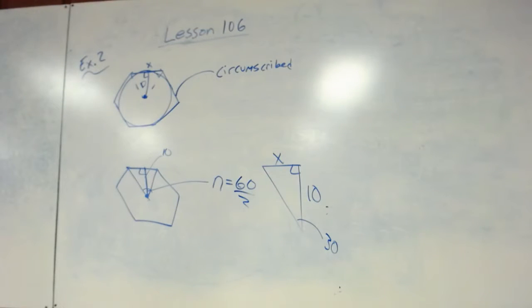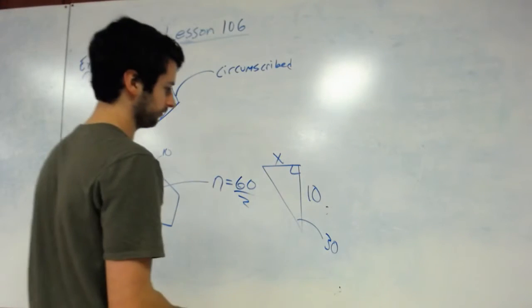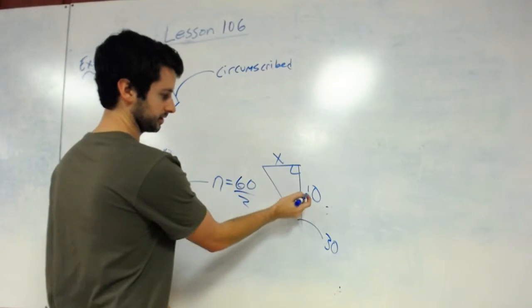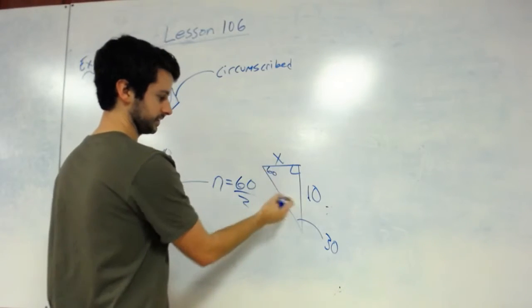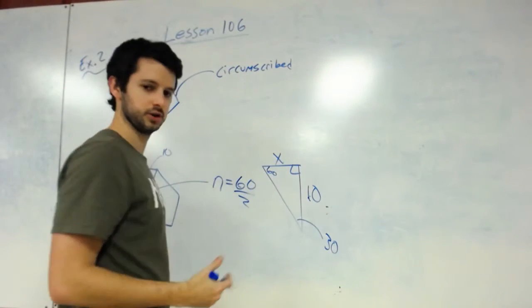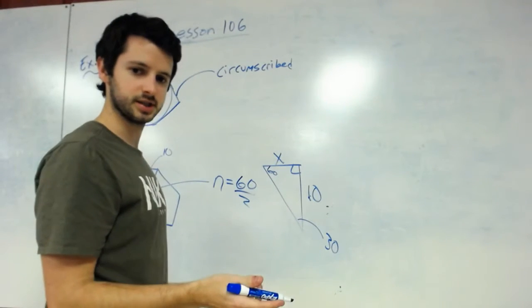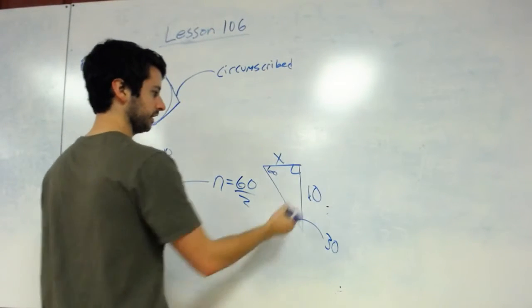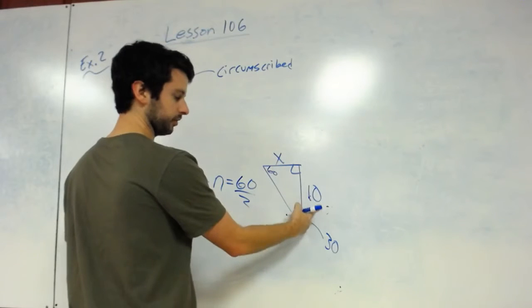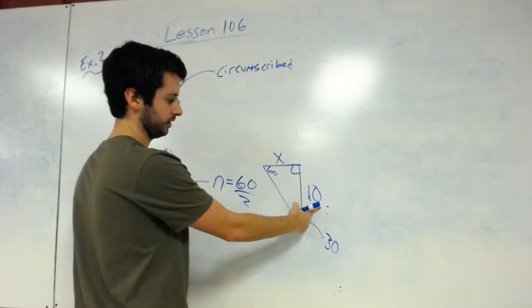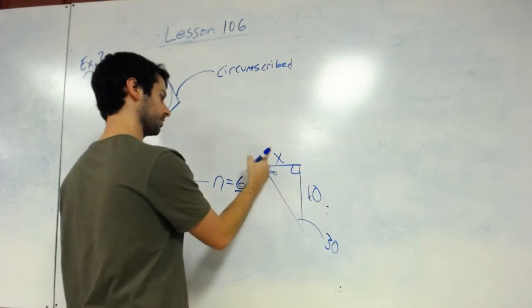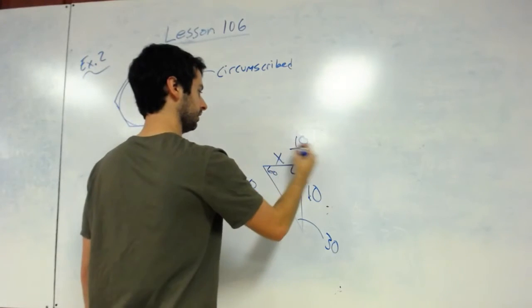So how do we get from the long side, the side across from 60 degrees, to the short side? You can use trigonometry, but I'm going to use 30-60-90 principles. Remember, to get from short leg to long leg, we multiply by radical 3. So to get from long leg to short leg, we divide by radical 3.